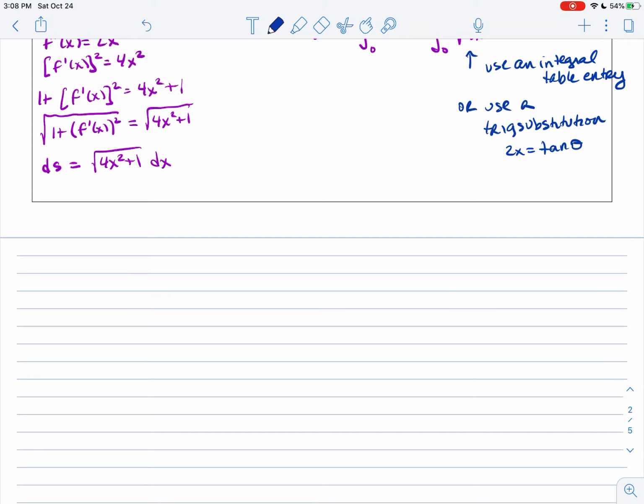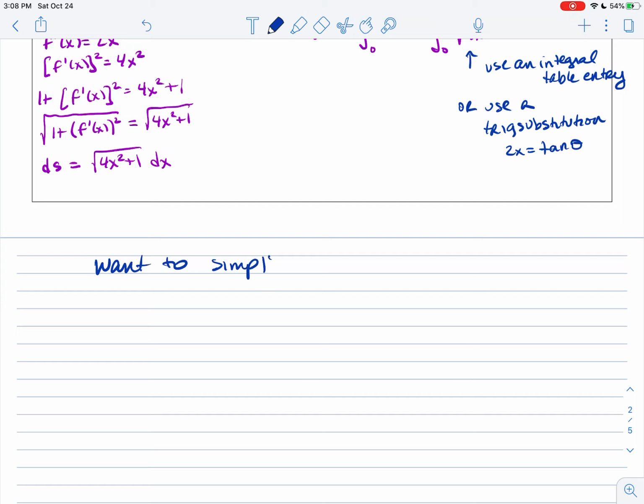All right, so at this point, I would like to mention some good simplification techniques to prepare yourself for calculating the arc length.